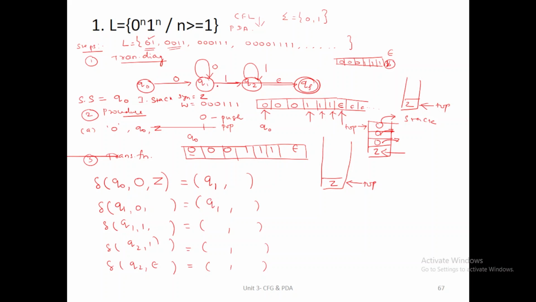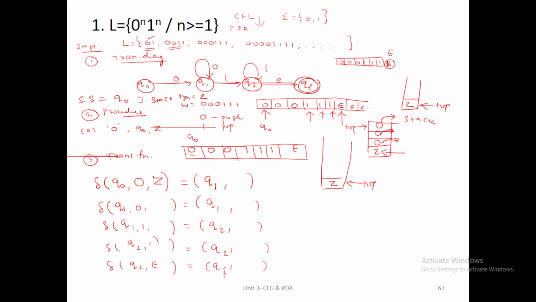If Q1, 1 is there, it will go to the Q2 state. If Q2, 1 is available, then it stays in the same state. If Q2, epsilon is there, it will go to the QF state. So we can easily fill the first parameter. The only complexity is filling the second parameter.